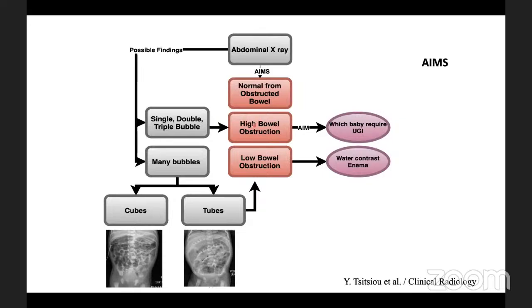Once you are here with the high bowel obstruction, your aim is to decide whether this baby needs an upper GI or not. And if you find on the abdominal X-ray that there are many bubbles, for example, in this X-ray, multiple bubbles or like a sequence of tubes, it means that you are dealing with a low bowel obstruction, and in that case a water contrast enema needs to be done.